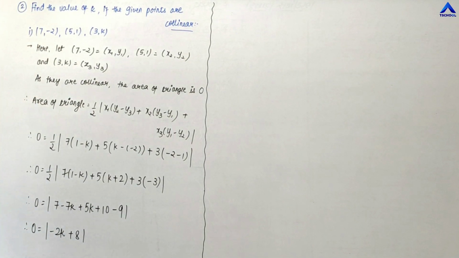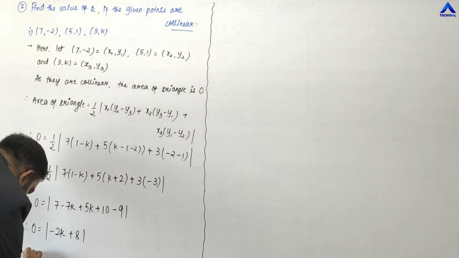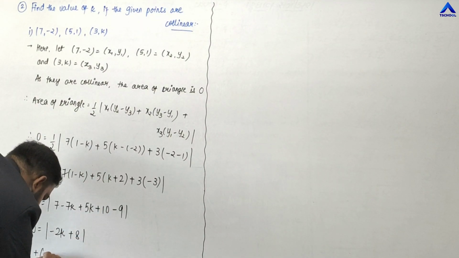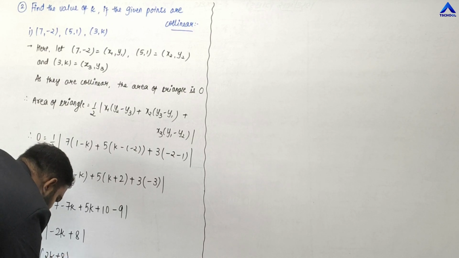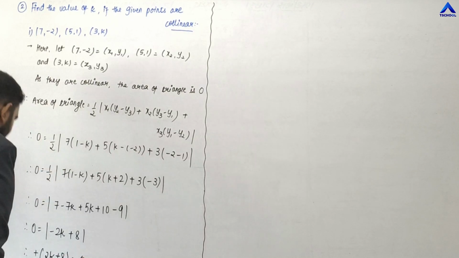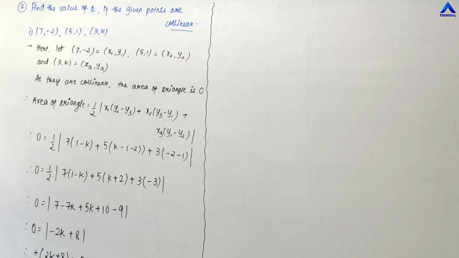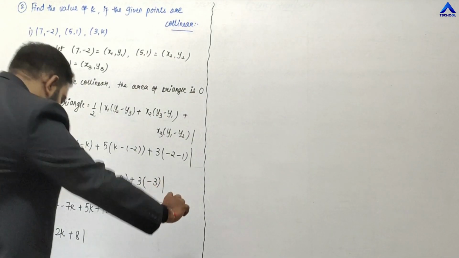So we need to take both the conditions here. Therefore, if we remove this modulus, what shall we get? Therefore, plus or minus 2k plus 8 is equal to 0. Right? Plus or minus. We can take either minus also and we can take either plus also, because we don't know whether the value will be negative or positive. But for both of these values, the answer will be positive only.